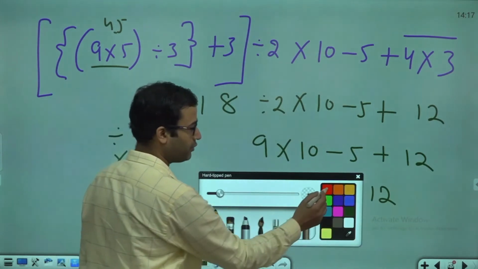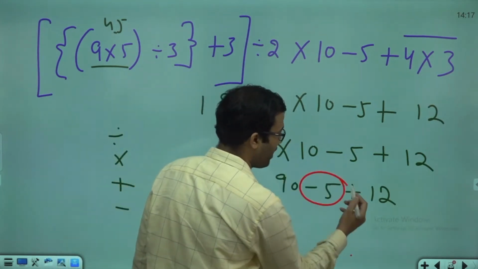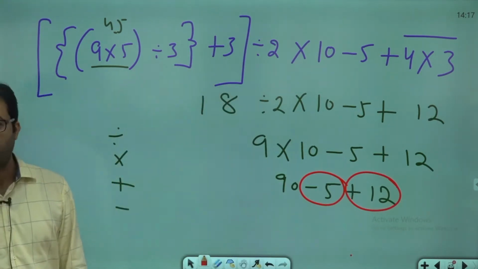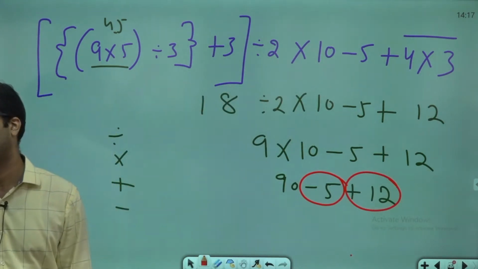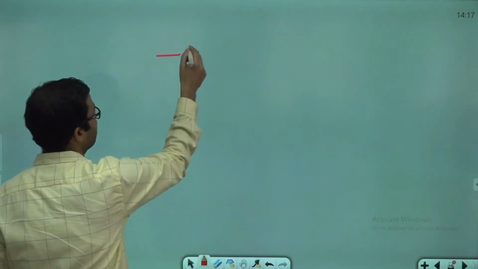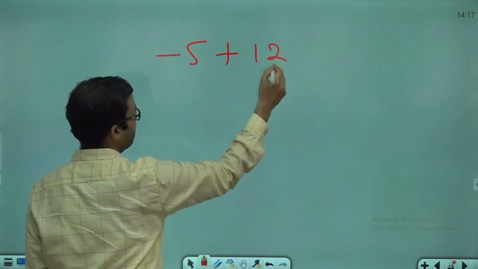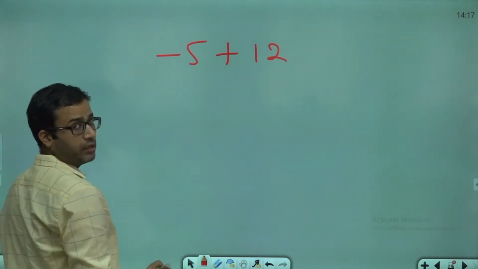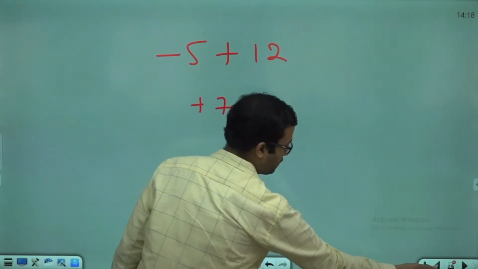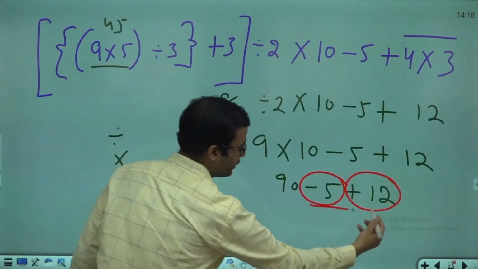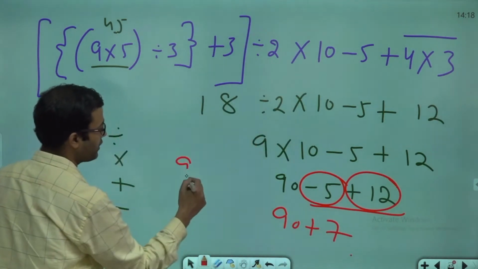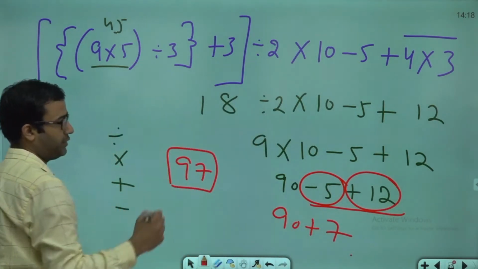We will do addition only, but you are actually doing -5 plus 12. We will do separately, -5 plus 12, so here you will get plus 7. So this total calculation gives you 7. 90 plus 7, our answer is 97.